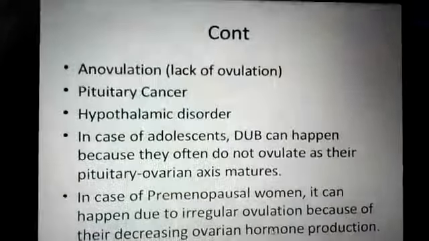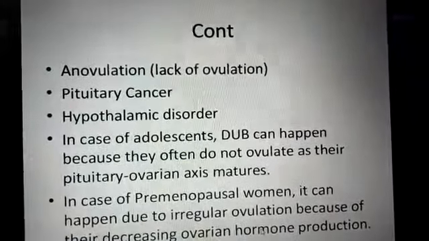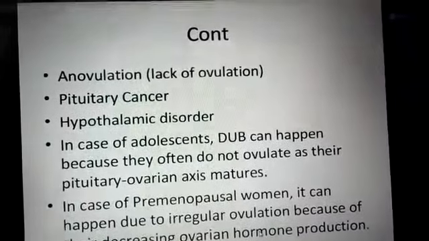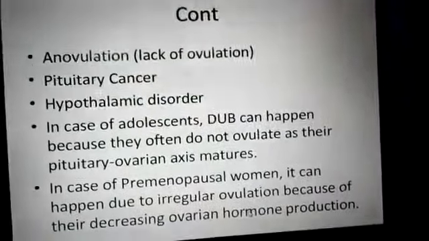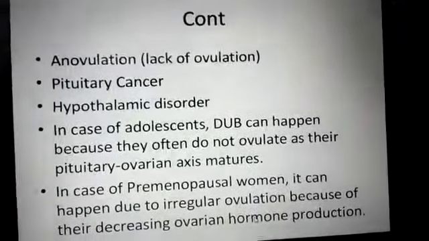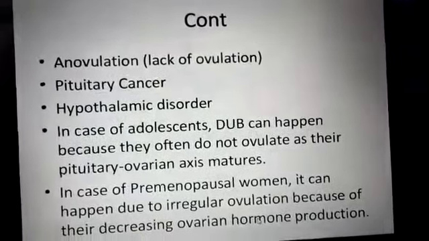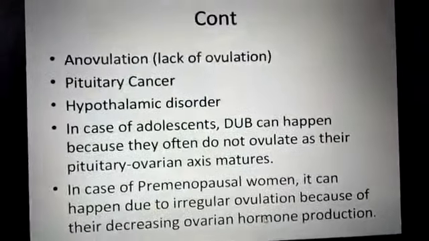The next cause is anovulation, that is, lack of ovulation. If ovulation does not take place properly, then estrogen and progesterone are not produced properly and the growth of the endometrium is not proper. Sometimes if there is a pituitary disorder, the HPO axis cycle gets disturbed, and also in hypothalamic disorder.